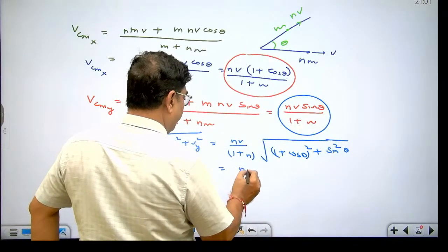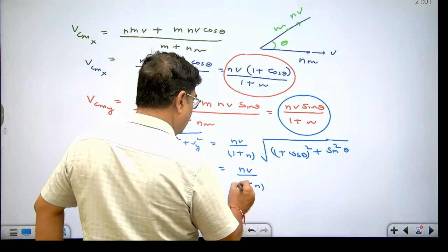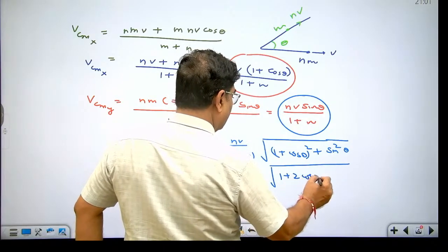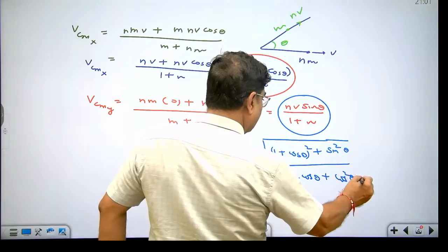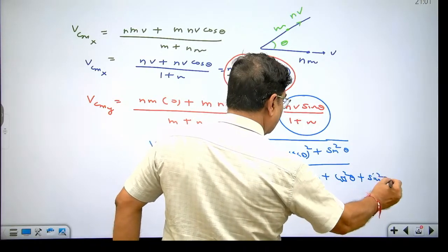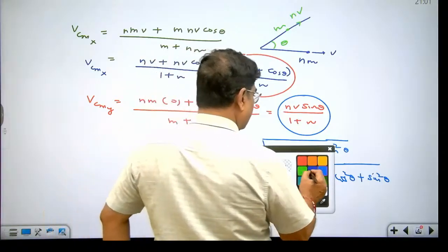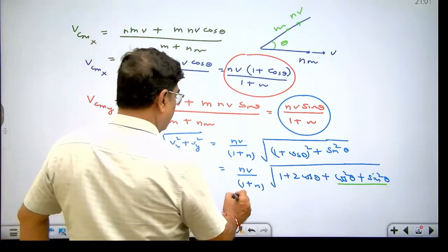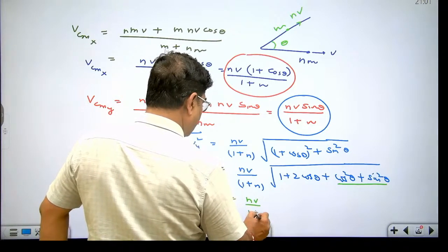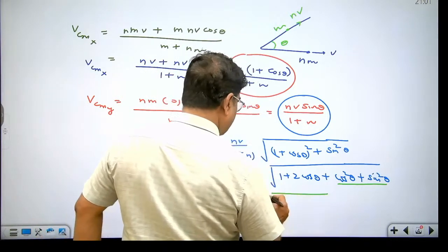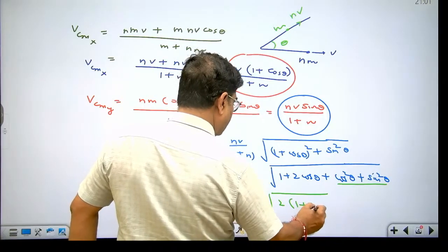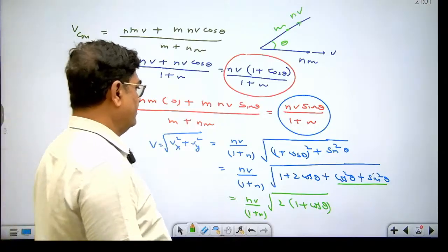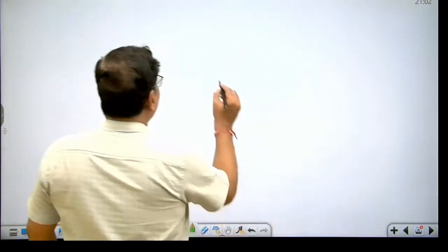What you will get is nv upon 1 plus n under root of 1 plus 2 cos theta plus cos square theta plus sine square theta. Dear student, cos square theta plus sine square theta is what? This is 1. 1 plus 1 is 2. 2 plus 2 cos theta. So this is nv upon 1 plus n under root of 2 (1 plus cos theta). And cos theta can be written as 2 cos square theta by 2 minus 1. nv upon 1 plus n.